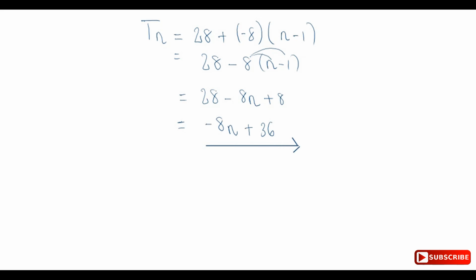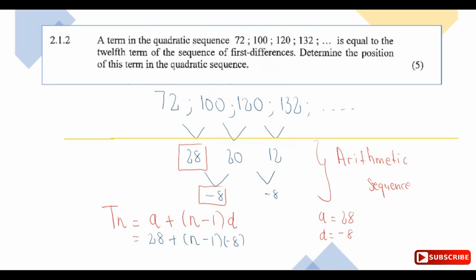Okay, but what is this question asking from us? We are told that a term in the quadratic sequence is equal to the 12th term of the sequence of first differences. So we want the 12th term of the sequence of the first differences.